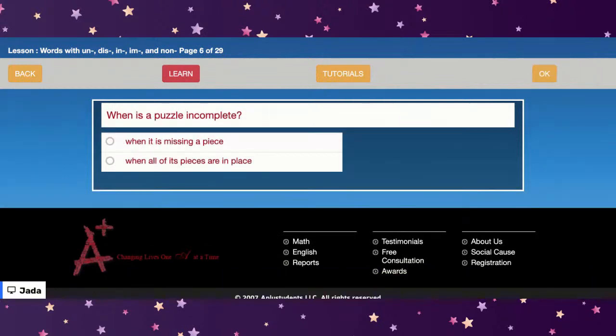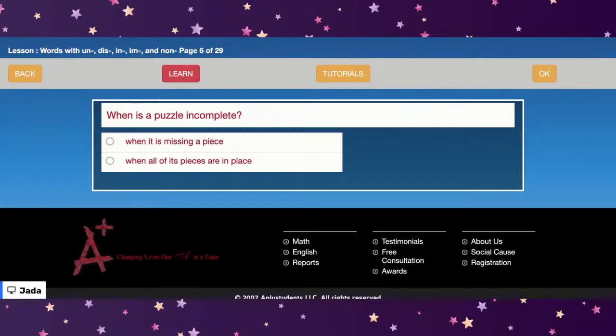So, when is a puzzle incomplete? When it is missing a piece or when all its pieces are in place?